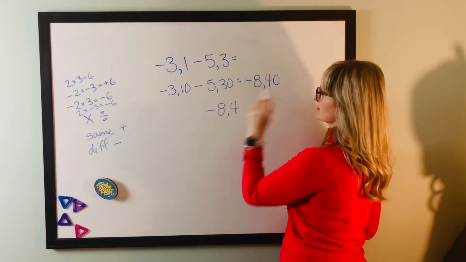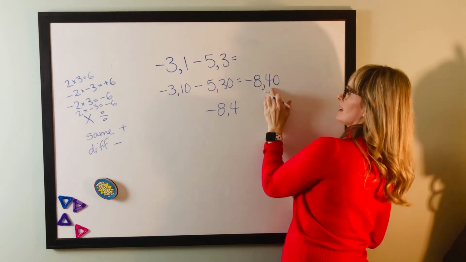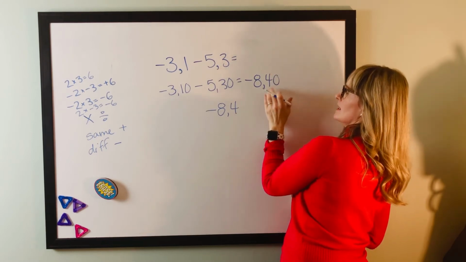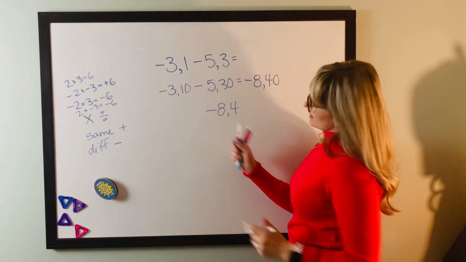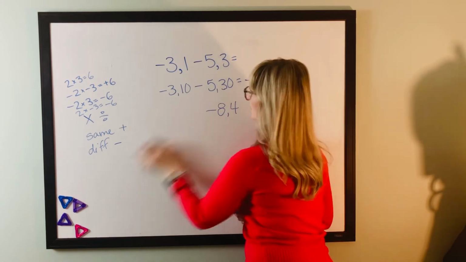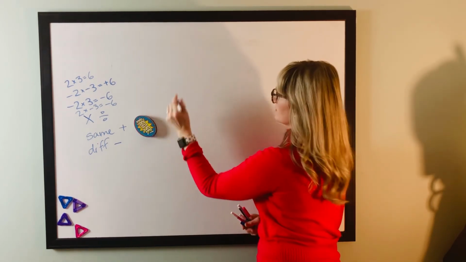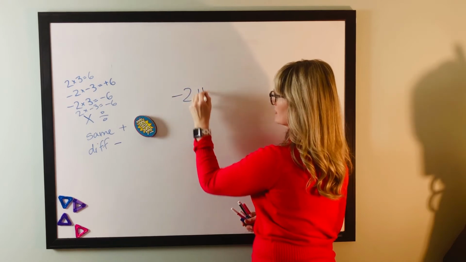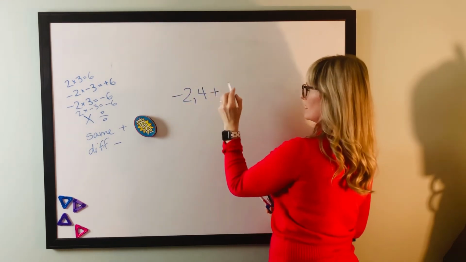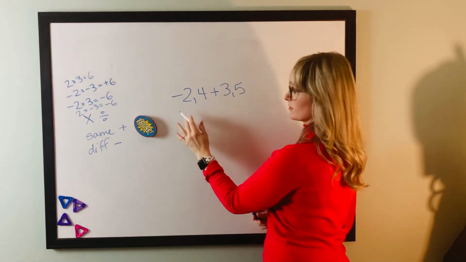We can drop the last zero because anything after the decimal here, if it's past the last number that is a non-zero, then we can get rid of it. So this would be 8 and 40. If you're not sure, so let's say a lot of people will have trouble if they have something like this, and then it's, well, how does it work if it's like this? Okay, so again, it's really simple if you just think of it as money.